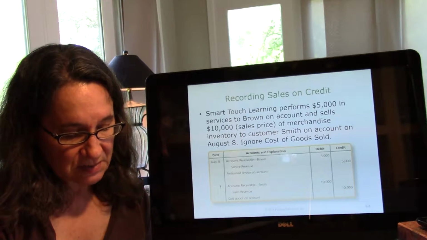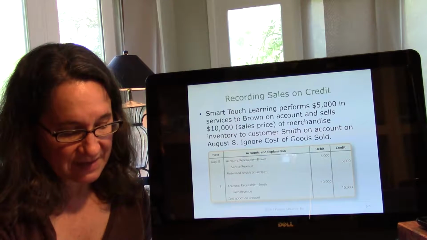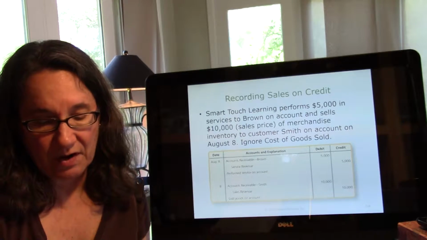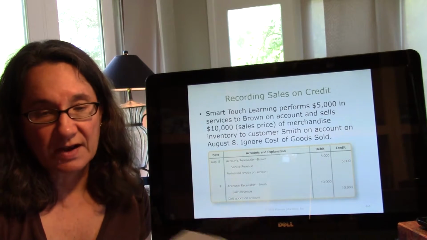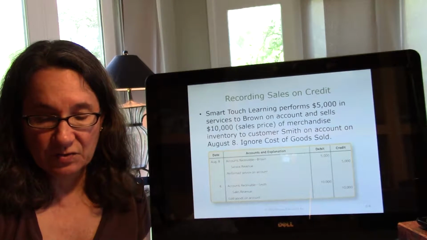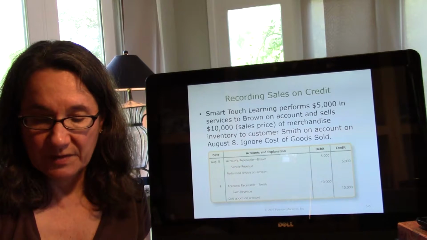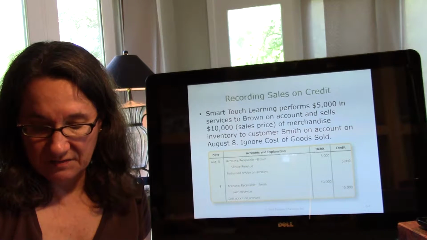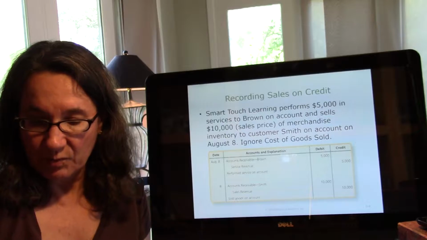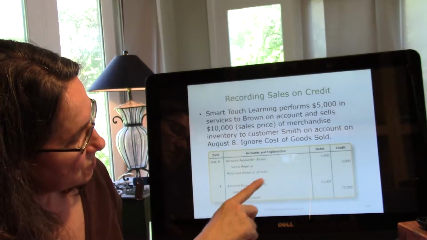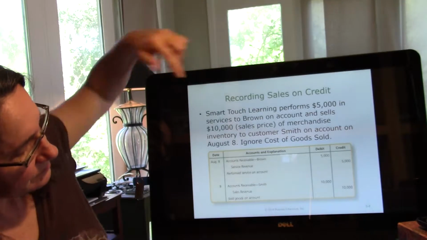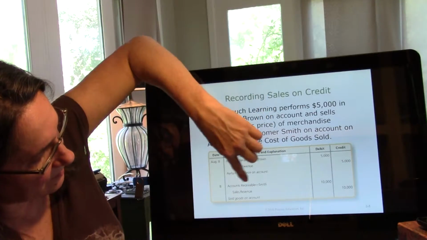For example, Smart Touch Learning performs $5,000 in services for Brown on account and sells $10,000 sales price of merchandise inventory to Smith on account. On August 8th, the inventory and the revenue are recorded. So here's two different sales, one to Brown and one to Smith.